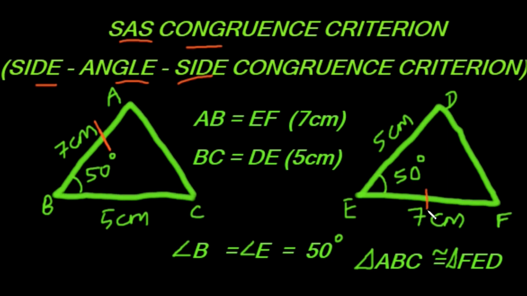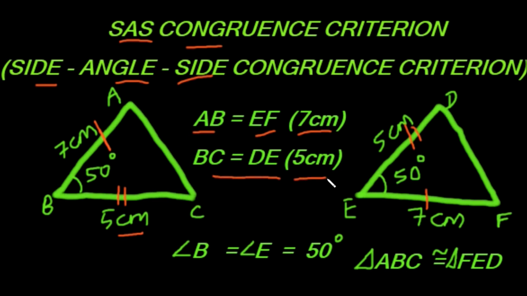See the measurement, 7 centimeter, 7 centimeter. So we write AB side is equal to EF side. Both are 7 centimeter. What about BC? What is the measurement? 5 centimeter, which is equal to DE, which is also 5 centimeter. So BC equal to DE is 5 centimeter.